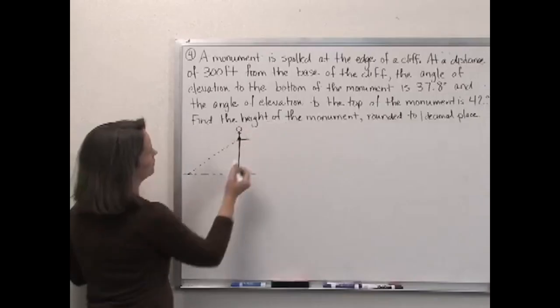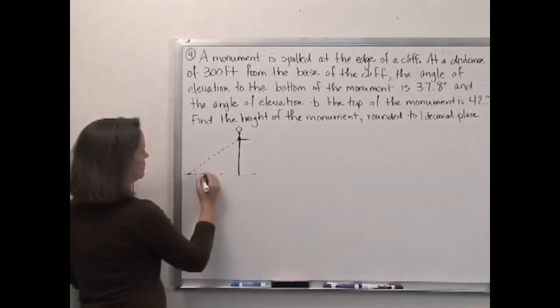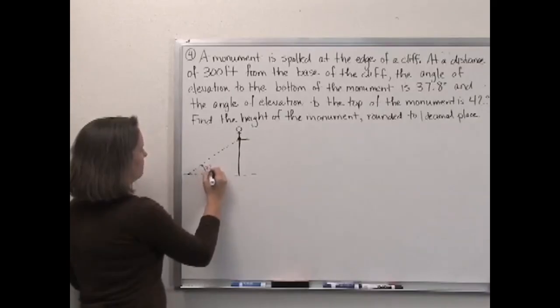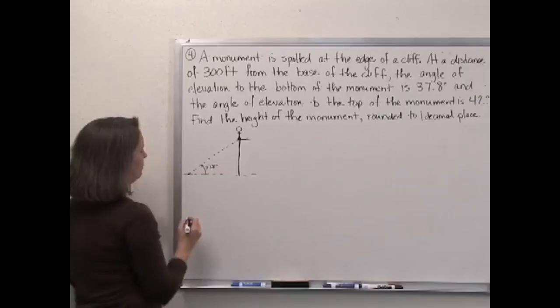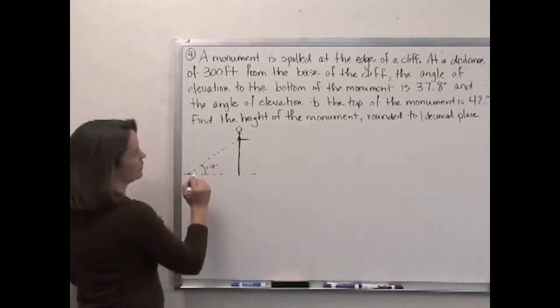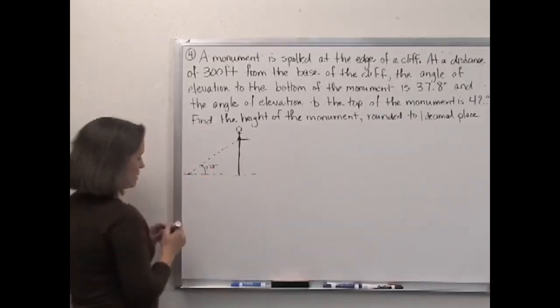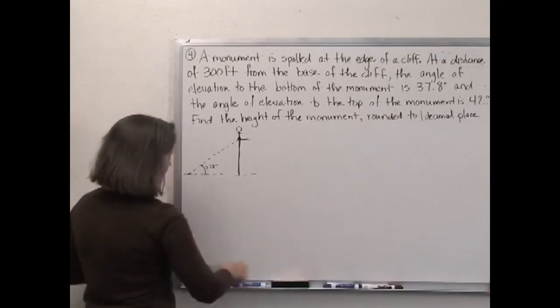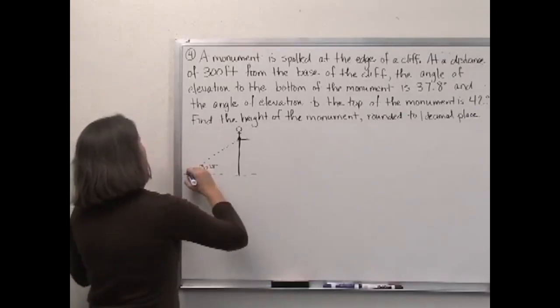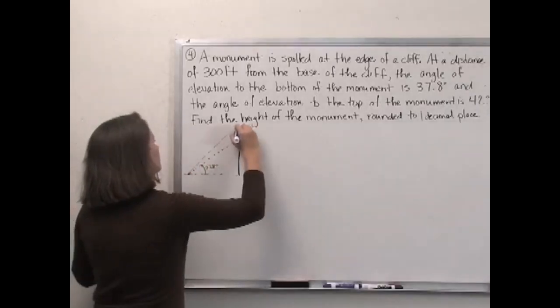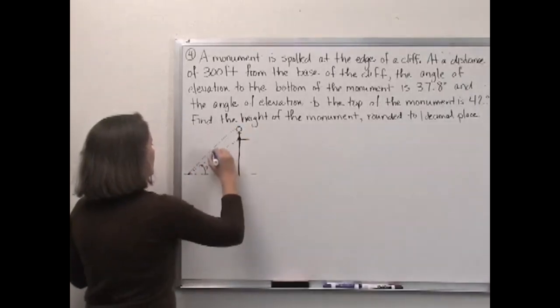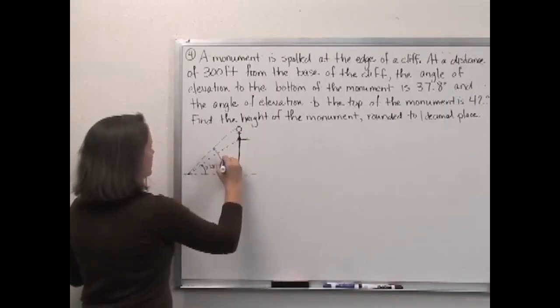And then we're told the angle of elevation to the bottom of the monument is 37.8 degrees. The angle of elevation to the top of the monument from that same place is 42 degrees.